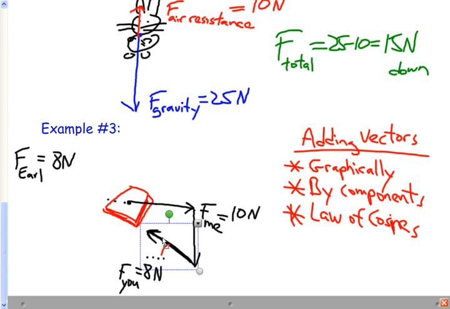And if I take Earl's vector and I put the tail of his vector on the head of yours, I get that. And what happens is we can say, okay, my force does a lot of pushing to the right, your force does a lot of pushing down, Earl's does some pushing back to the upper left, and the total force is actually, if you went directly from the peanut butter and jelly sandwich right to the end of Earl's vector, we would get a total force, F total, which is the blue one.